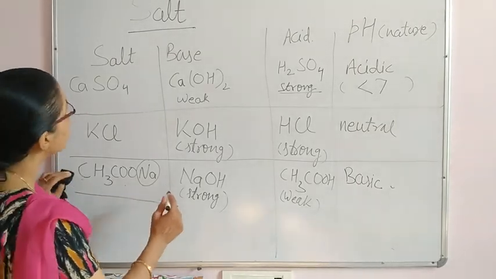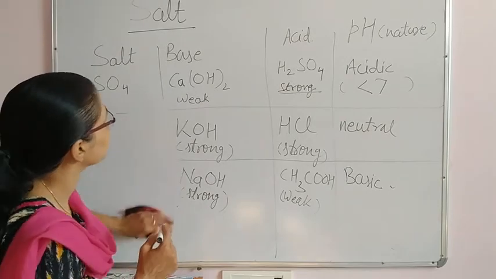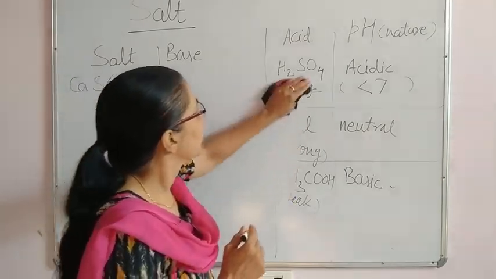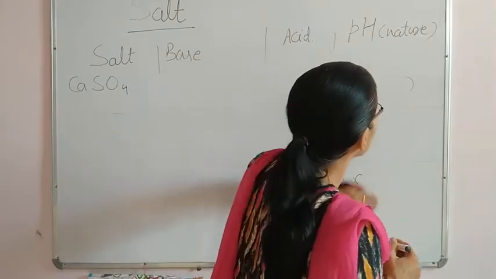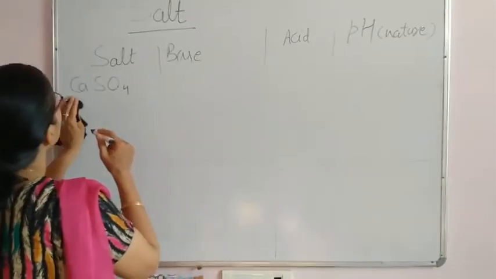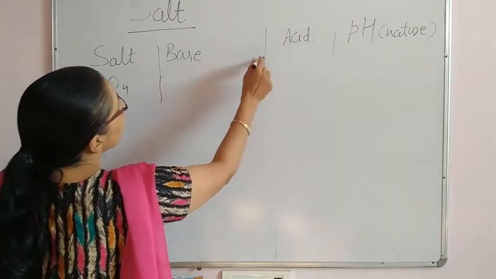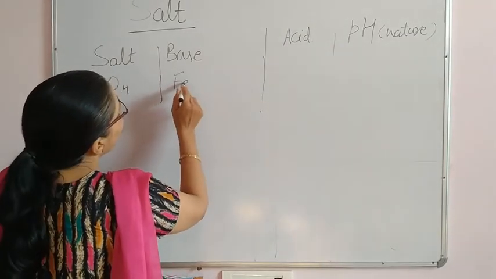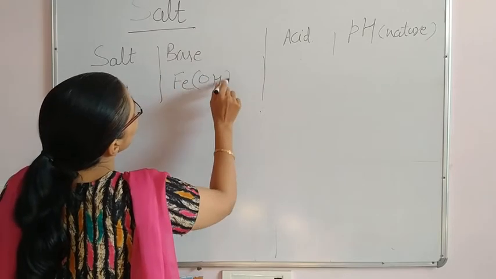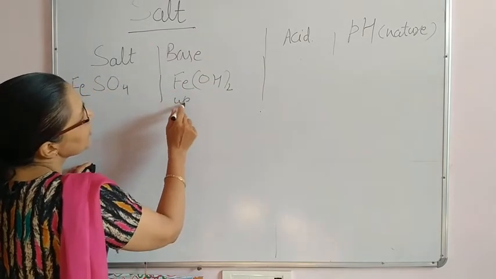For example, last example I am taking, iron sulfate. The base is Fe(OH)2, which is weak.